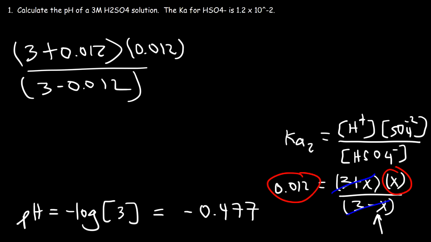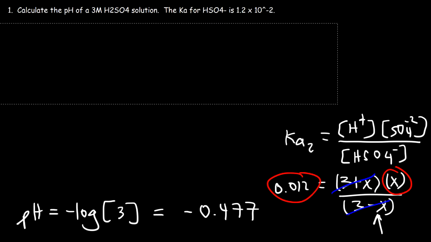So go ahead and type this in. So this is equal to 0.0121, which is very close to this number. So the approximation is acceptable.